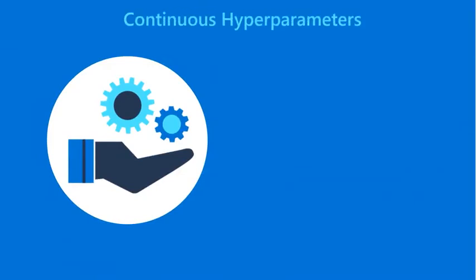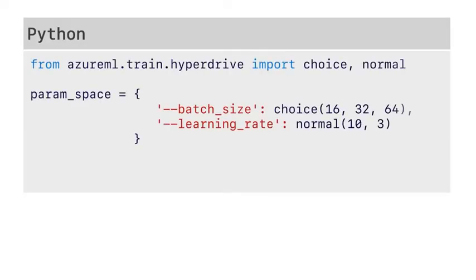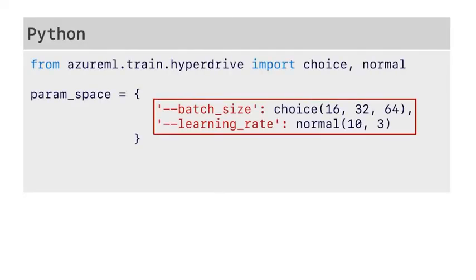To define a search space for these kinds of value, you can use any of the following distribution types: normal, uniform, lognormal, and loguniform. To define a search space for hyperparameter tuning, create a dictionary with the appropriate parameter expression for each named hyperparameter. For example, in the search space, it can indicate that the batch size hyperparameter can have the value 16, 32, or 64, and the learning rate hyperparameter can have any value from a normal distribution with a mean of 10 and a standard deviation of 3.